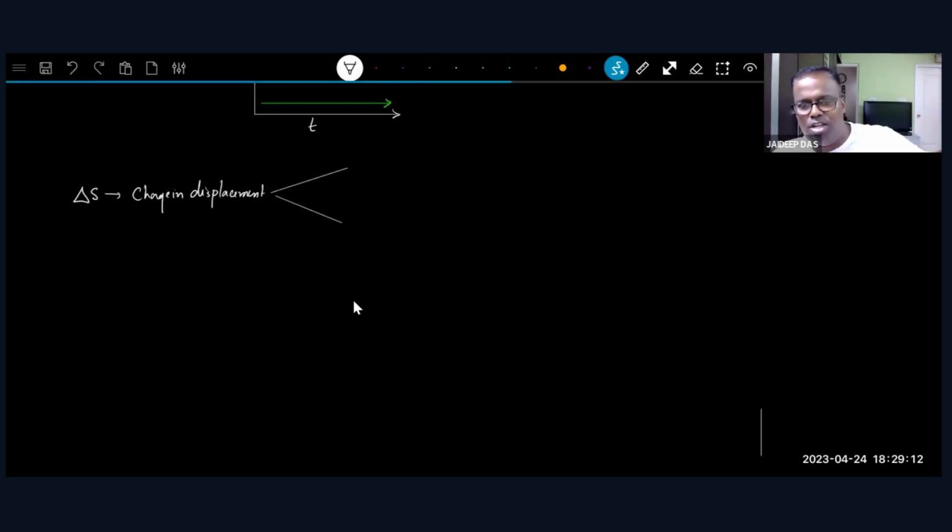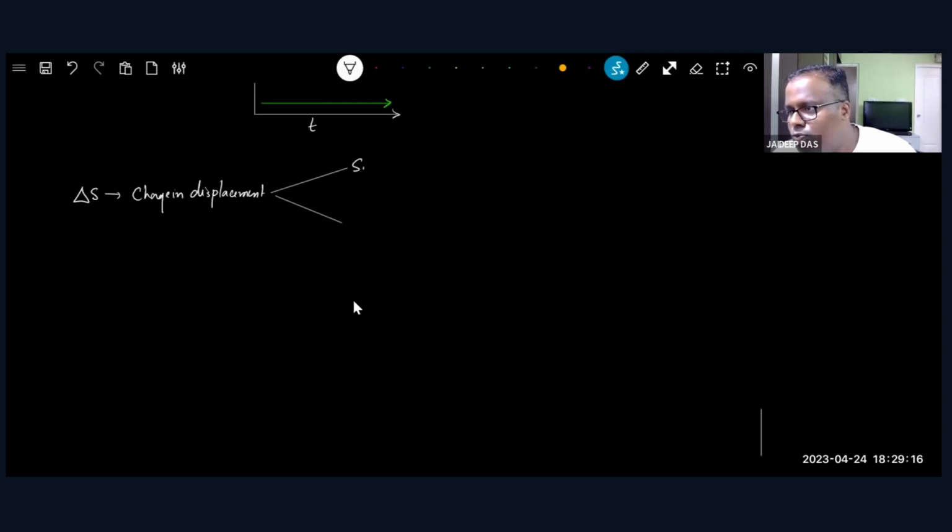What was once upon a time, what is now? Do you agree or not? So that means I should have an S1, I should have an S2. Agreed? If I have a delta V, that means what? Change in velocity. Change in velocity. That means I should have two velocities. Yes, we do have two velocities. We have a U and we have a V. Got it?